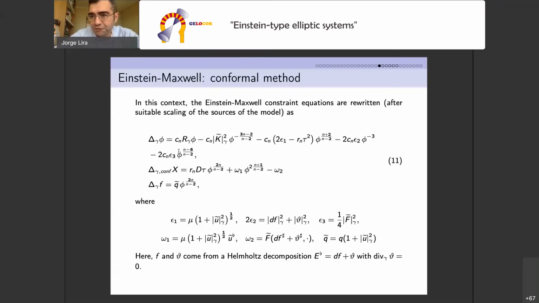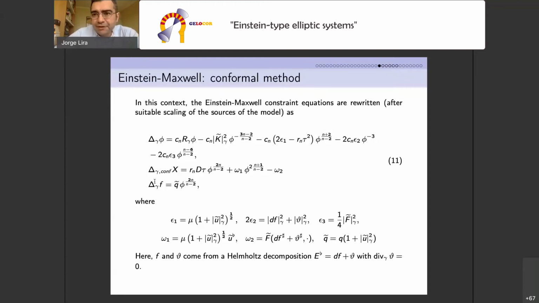You have to control the norms of the right-hand sides and put them into some Hilbert spaces that are chosen in such a way that the inverse of these operators work well. So you have to guarantee at the same time invertibility of the operators and the control of the right-hand sides, which are very heavy terms due to the nonlinearities, and the interactions between these three equations.